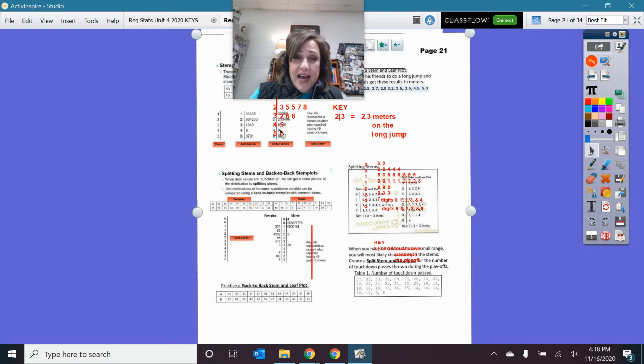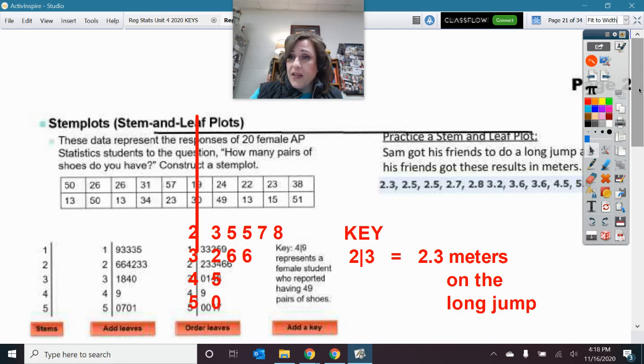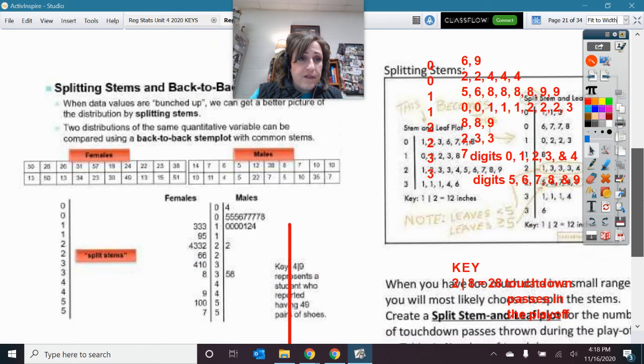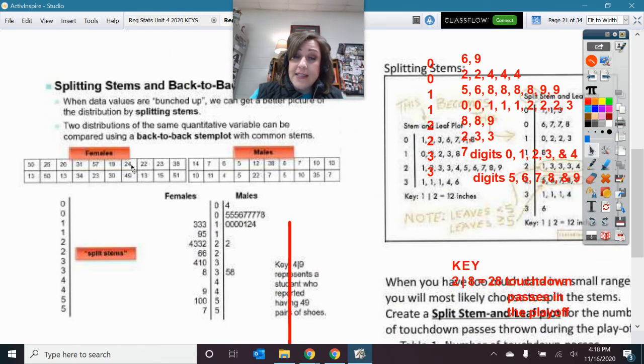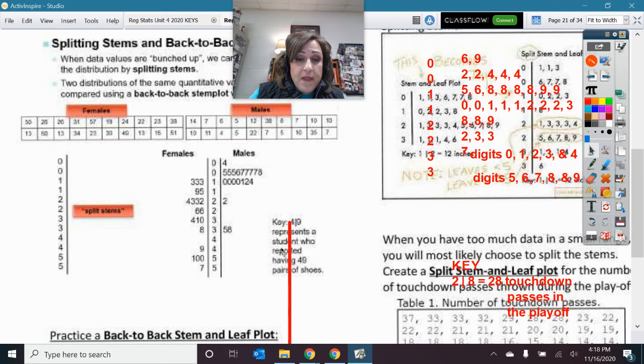If I have two sets of data, for example, you can see this page has the set of data for females and the set of data for males. Okay, very good. So we want to compare them. That's why we're going to do a back-to-back stem and leaf plot.